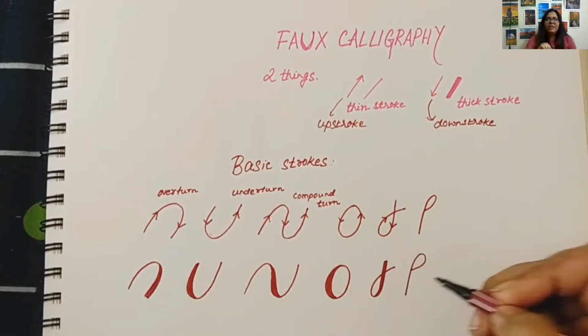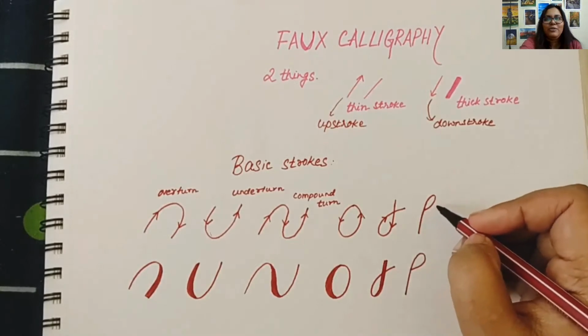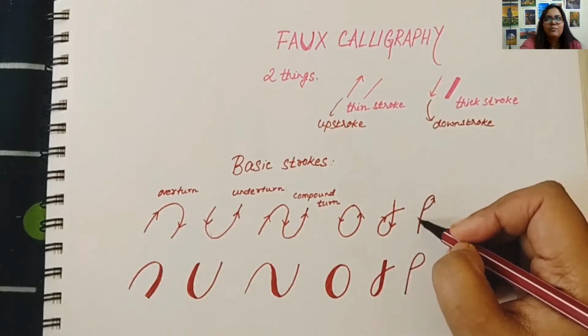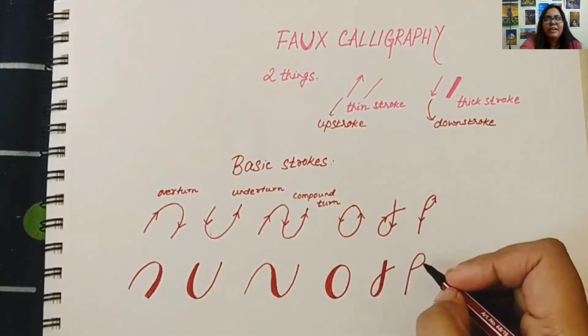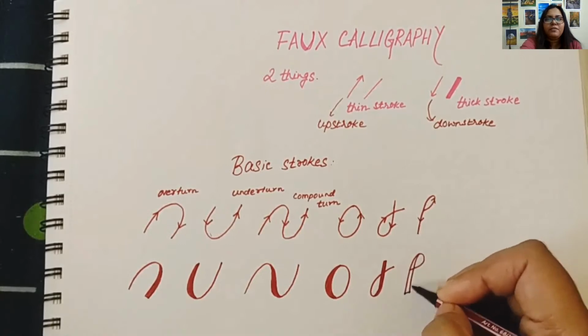Just make a guess. Which portion shall we be darkening? Yes. Very good. You people are so intelligent. Very nice. So first my hand has moved upwards and then it has moved downwards. Okay, so we will be coloring this portion. Very nice.